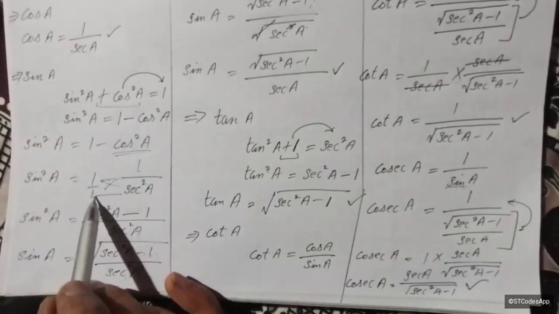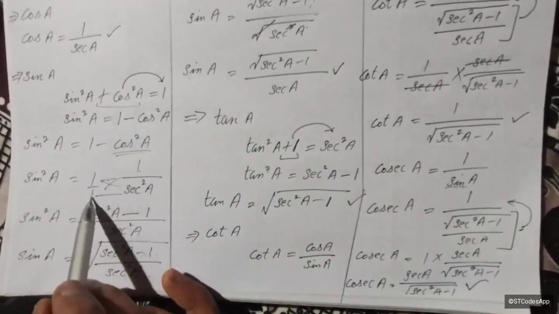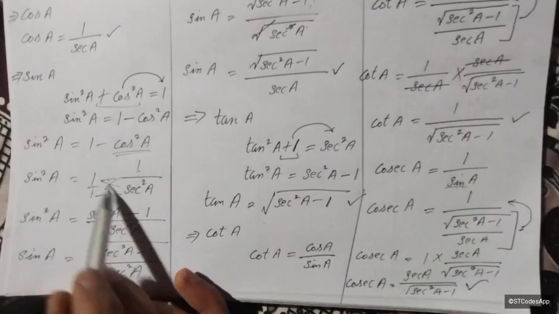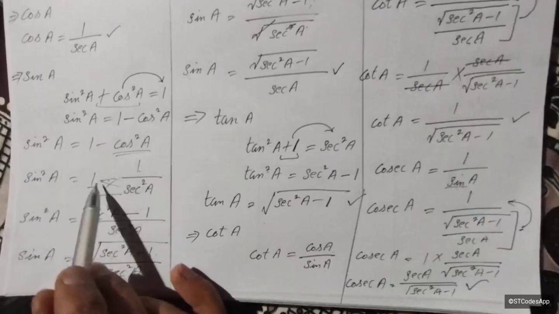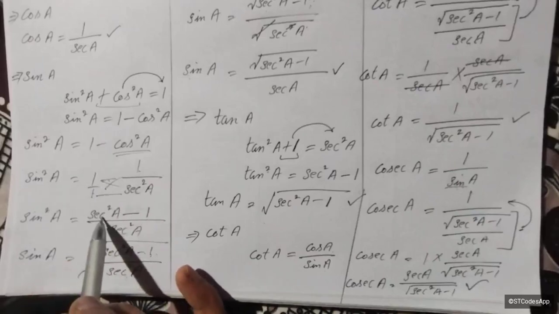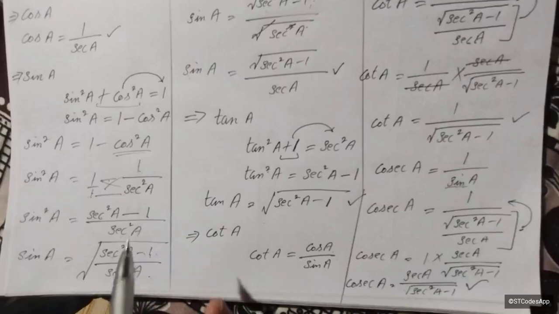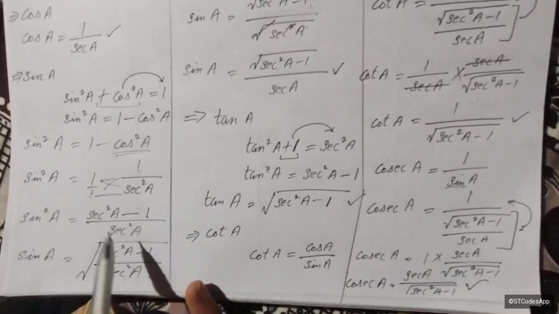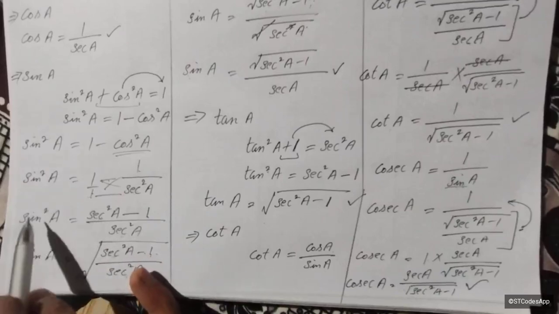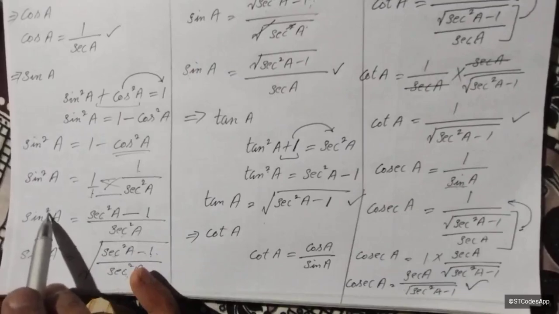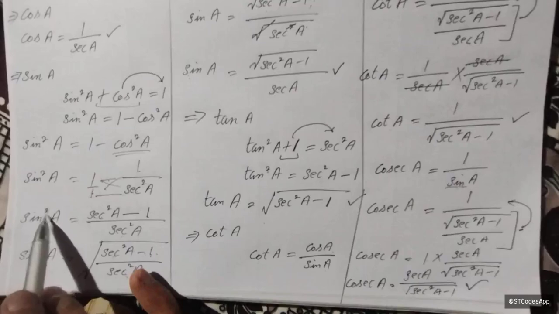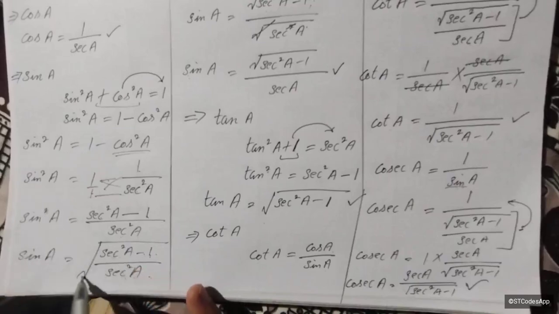Then the LCM of sec square A and 1 is sec square A, then cross multiply: sec square A multiplied by 1 is the same sec square A, 1 multiplied by 1 is 1. Then for sin square, we can remove this square. When removed, under root gives sec square A minus 1 over sec square A.